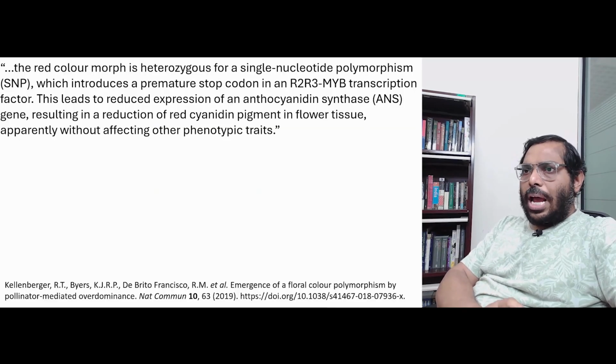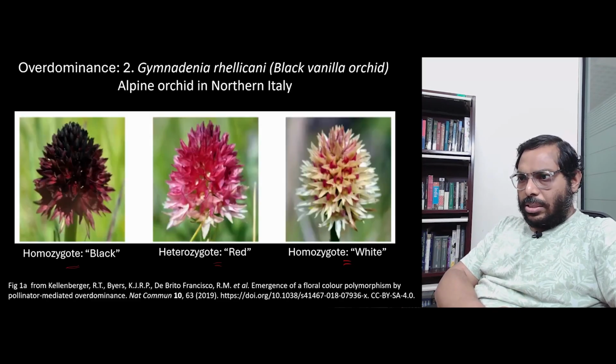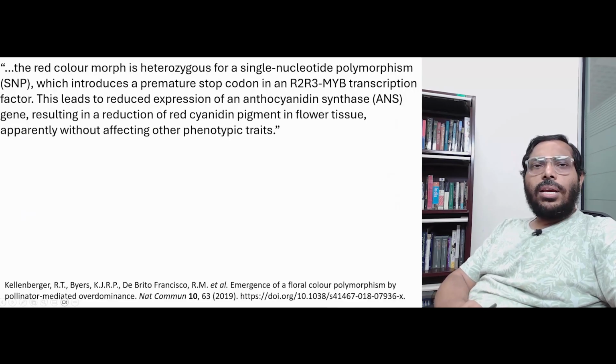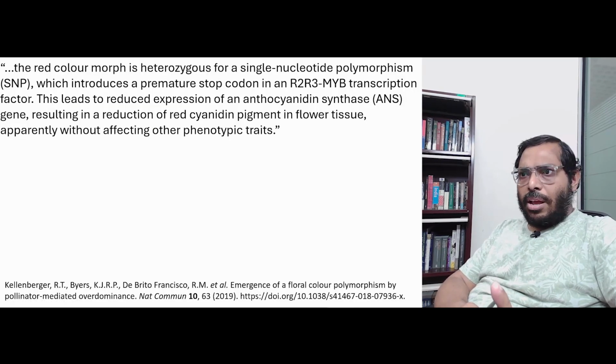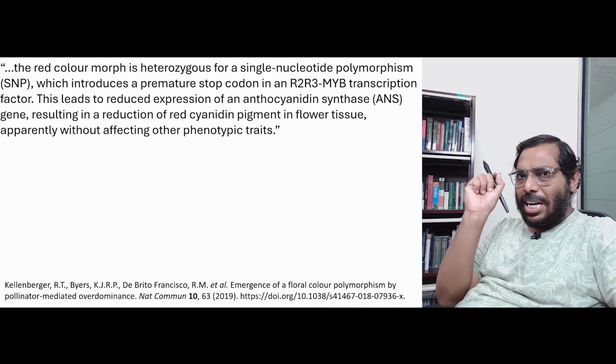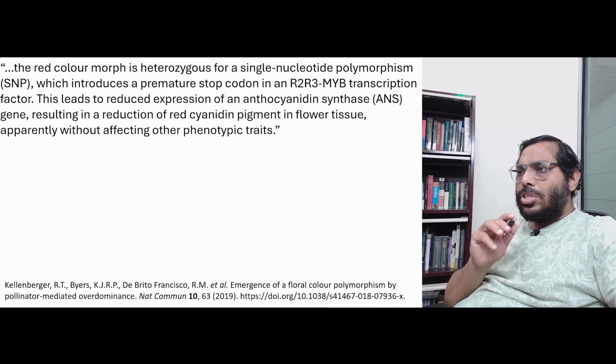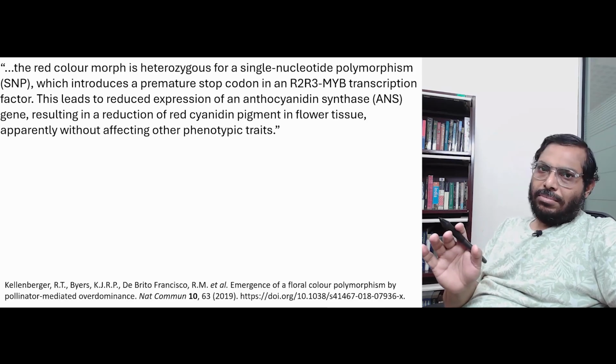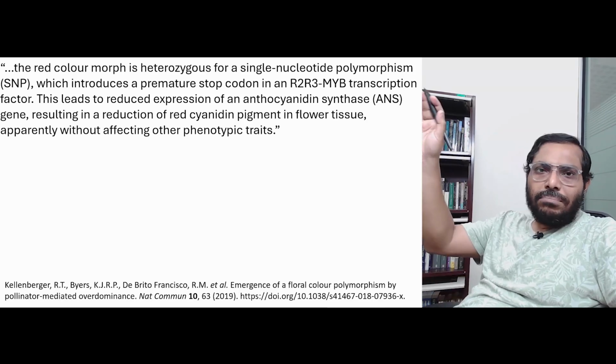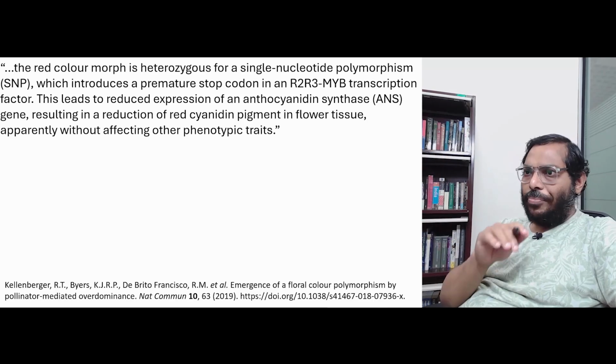So, turns out that the red color morph, this middle one, is heterozygous for a single nucleotide polymorphism, which basically means a change at only one base pair, which introduces a premature stop codon in a R2/R3 MYB transcription factor. Okay, does not matter what it is, some stuff in the genome.